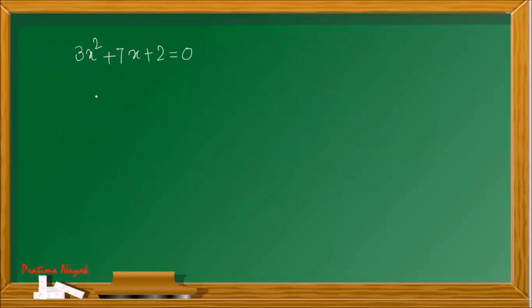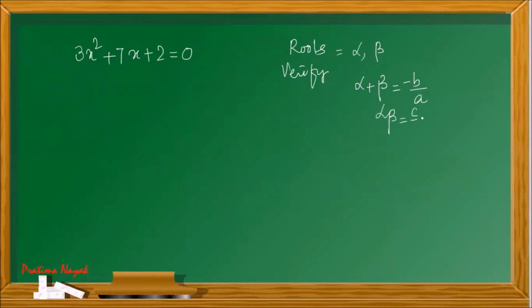First I'll find the roots, then I'll verify the relation. What is the relation? If roots are alpha and beta, then the first is alpha plus beta is equal to minus b by a, and second is alpha into beta is equal to c by a. And what are alpha and beta? These are nothing but the values of x.